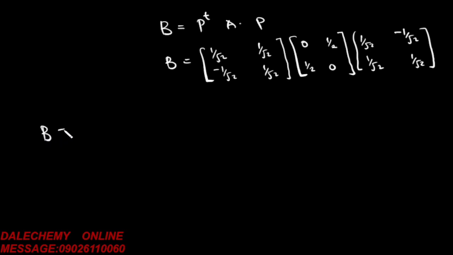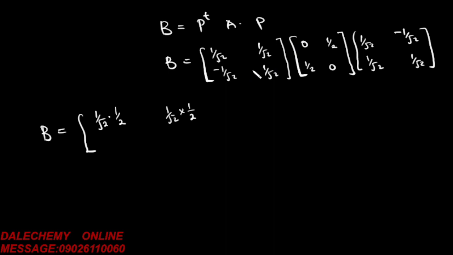So we have this row times this column. That's going to be this times 0 is 0, and this times this will give us 1 over square root of 2 times 1 over 2, and this one times this one will give us 1 over square root of 2 times 1 over 2, then plus this times this, that's going to give us 0.